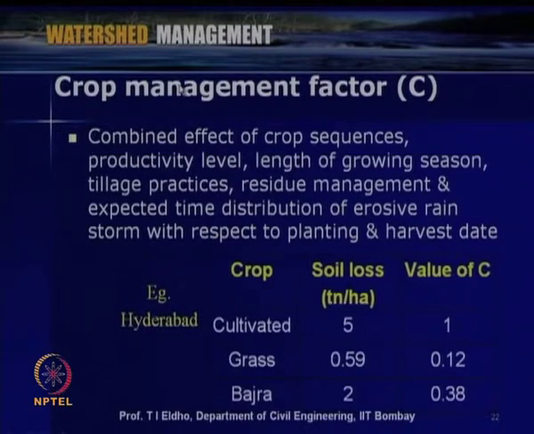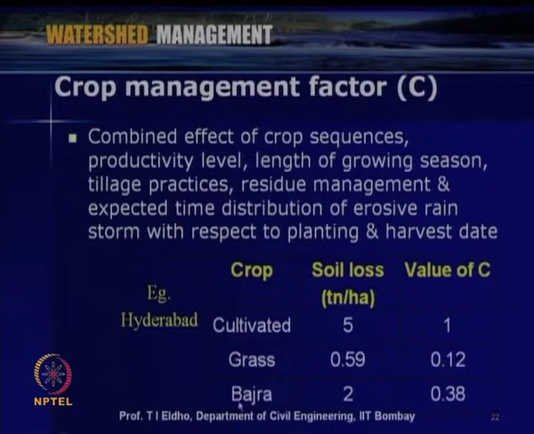Then another important factor in the universal soil loss equation is the crop management factor C. It is the combined effect of crop sequences, productivity level, length of growing season, tillage practices, residue management, and expected time distribution of erosive rainstorms with respect to planting and harvest dates.